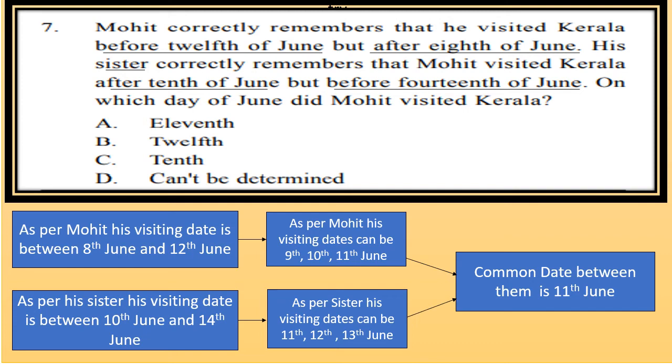So, as per Mohit, his visiting date can be 9th, 10th or 11th June. Now, as per his sister, his visiting date is between 10th June and 14th June. So, as per his sister, his visiting date can be 11th, 12th or 13th June. Now, the common date between them is 11th June. So, the answer will be 11th June.